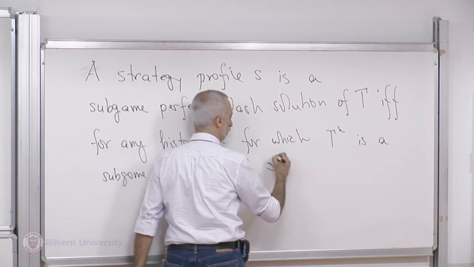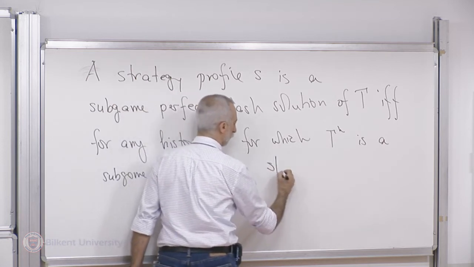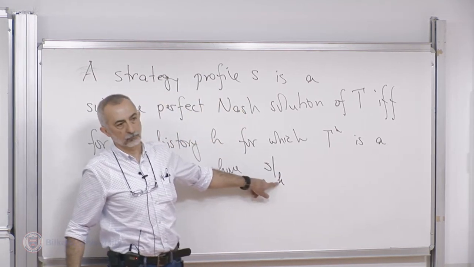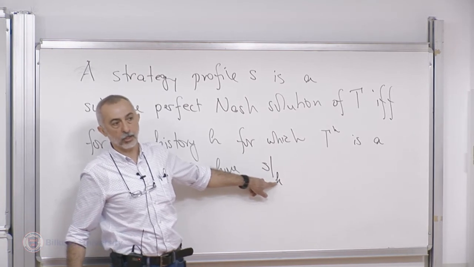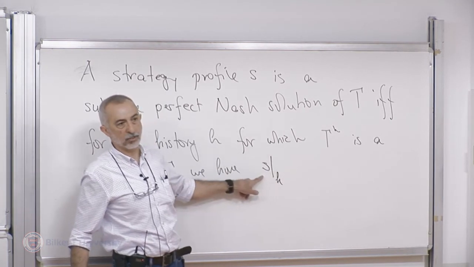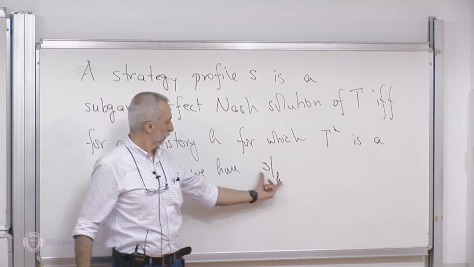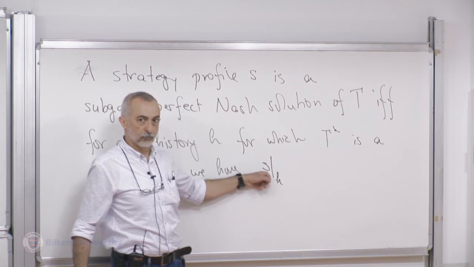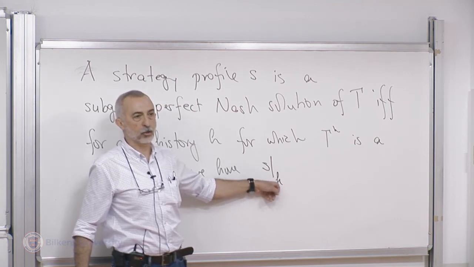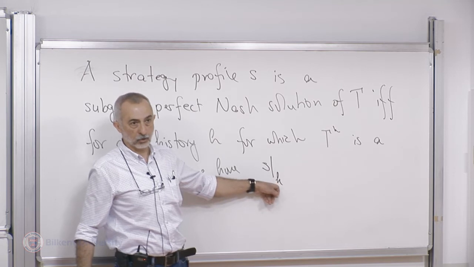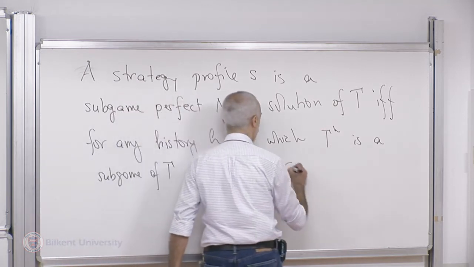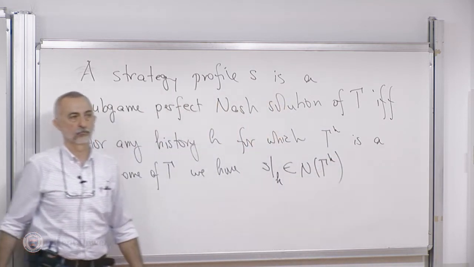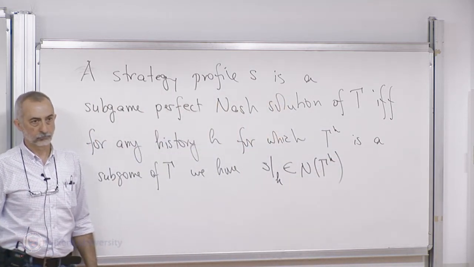The restriction of the strategy profile to the part that follows the history H, including the history H, okay? I'll tell you what I mean by that, okay? The restriction of the strategy profile S to the part of the game that follows the history H, including history H, is a Nash solution of the subgame gamma H, okay?